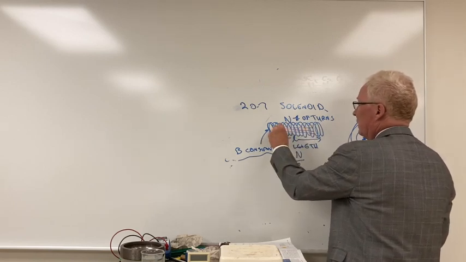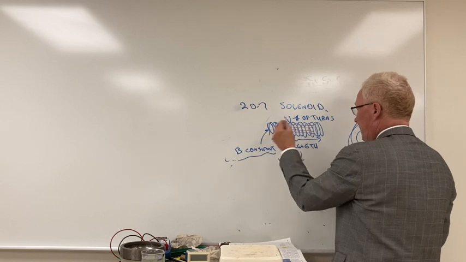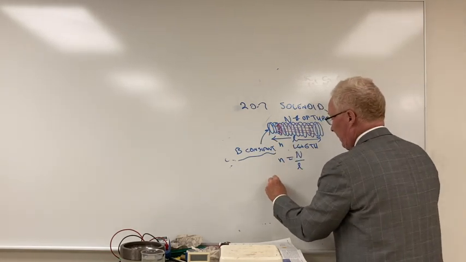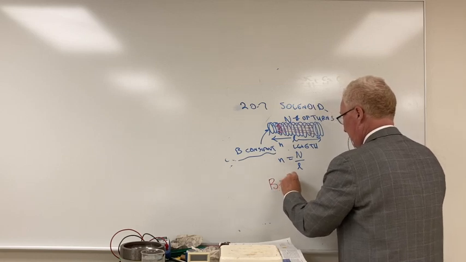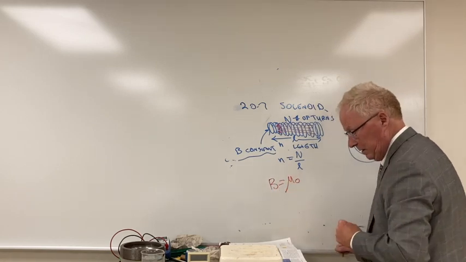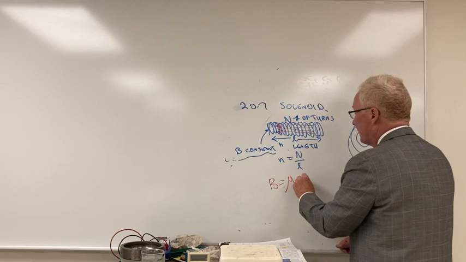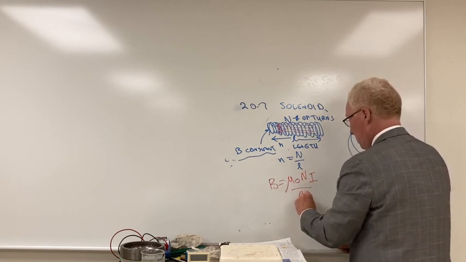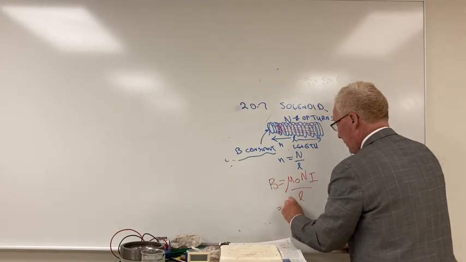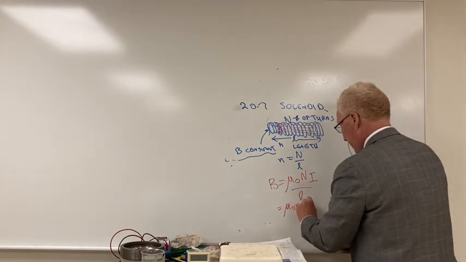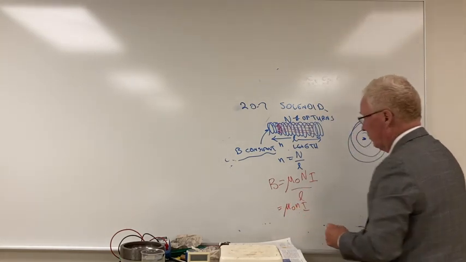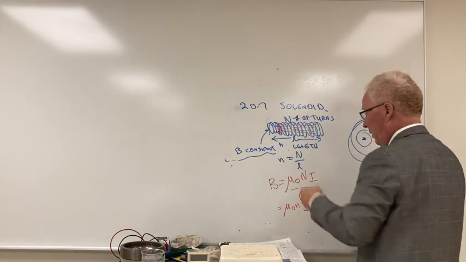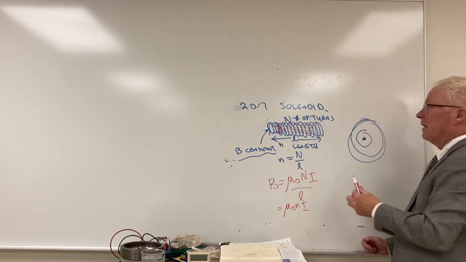The expression is B is mu naught N I over L, or B equals mu naught n I, where n is the turns per meter and I is the current in the coil.